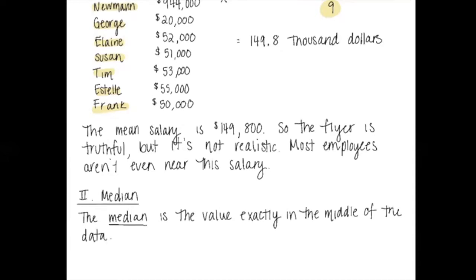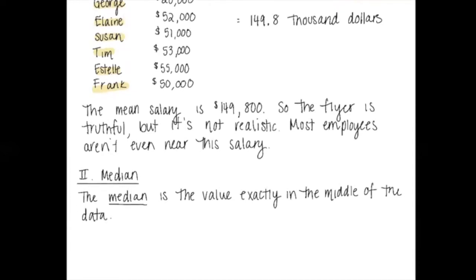Okay. But the thing you have to be careful with is you need to put that data in increasing order. You can use decreasing order, it doesn't make a difference, but you've got to put it in some type of order.